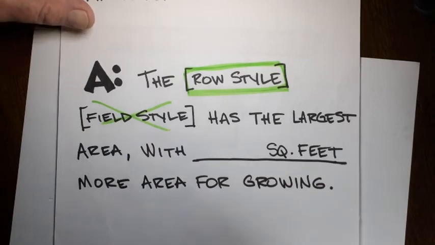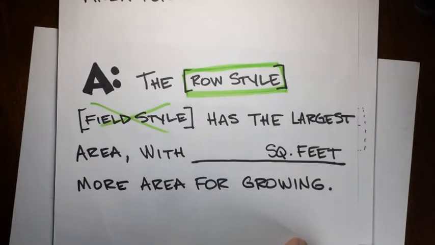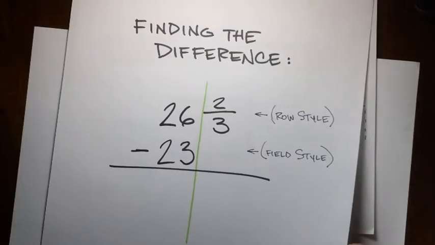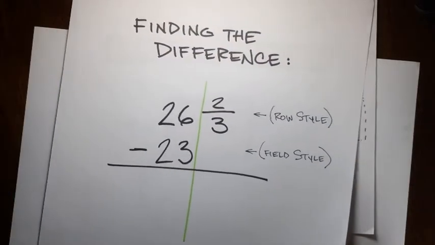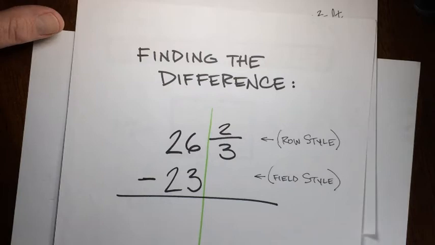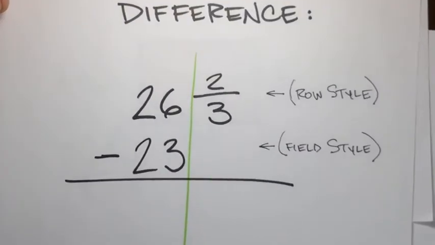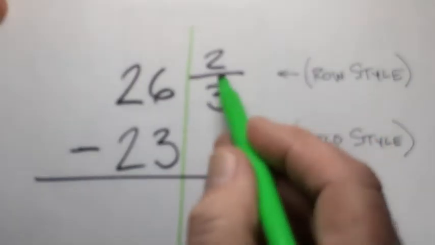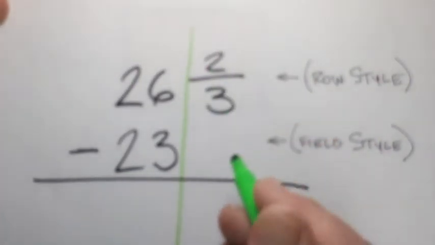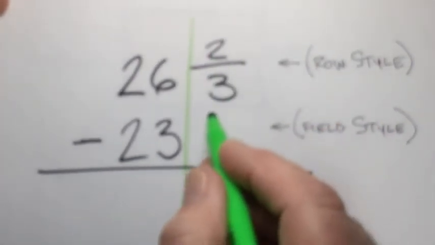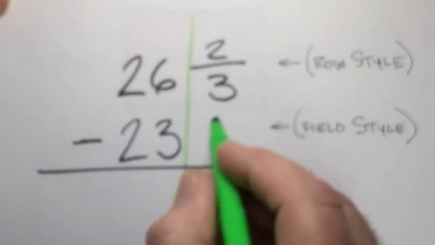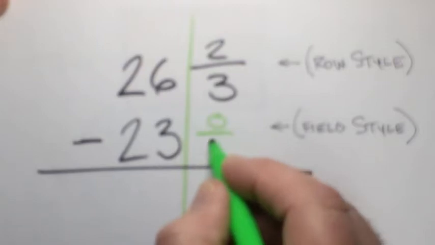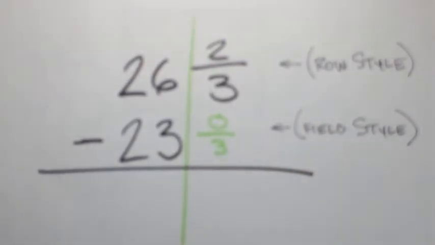So figuring out how much more, the way we do that is going to be finding the difference. If we find the difference, we'll be able to answer that final question. So this is a pretty easy problem because the row style has a fraction, but this has nothing. So again, if you want to add something here, this would be really 23 and 0 thirds. And then we do the takeaway.